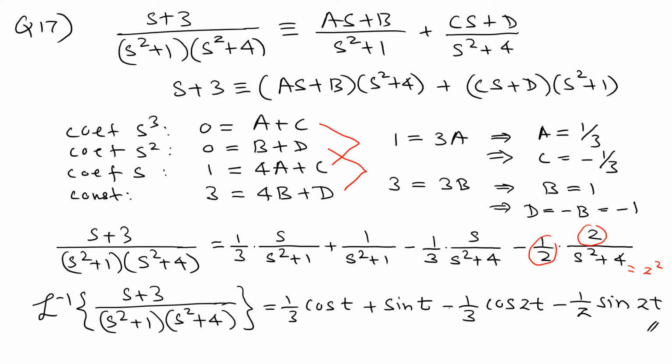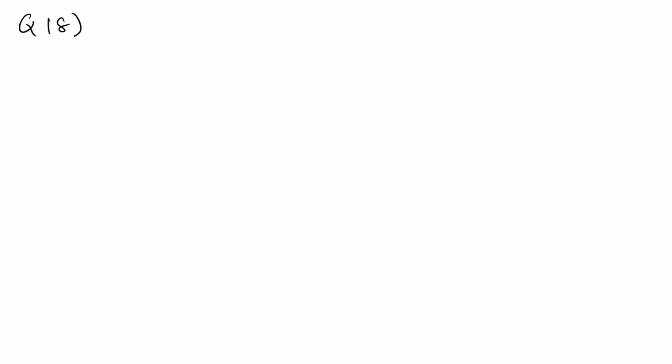Okay, so let's look at another special case. As the next one, let's look at this special problem. Let's say we have s over s to the 4th power minus 4, like that. So this is like a special problem.